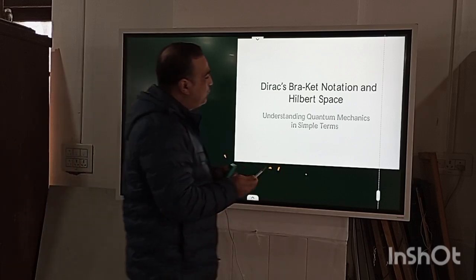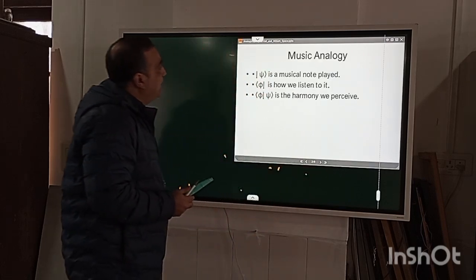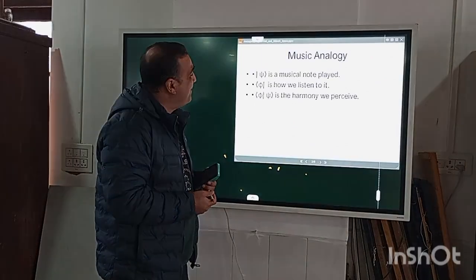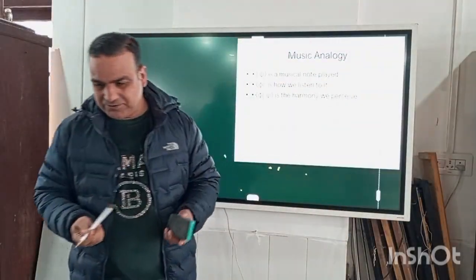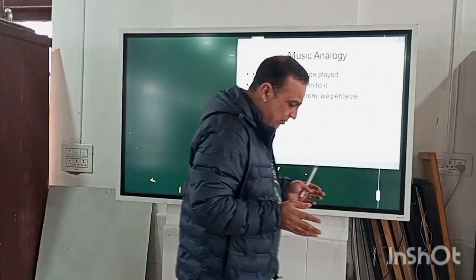And to begin with, if we go on here, let's give some philosophical meaning to what this Dirac's bra and ket notation is.